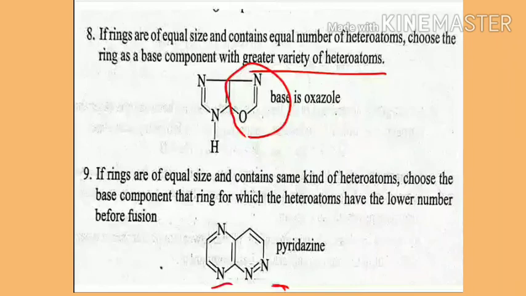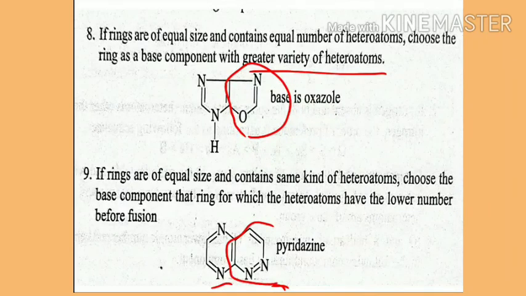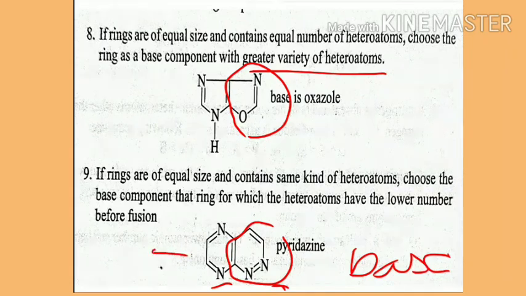So this ring has the lower number before fusion. So here pyridine is the base component, while pyrazine is the attached component.